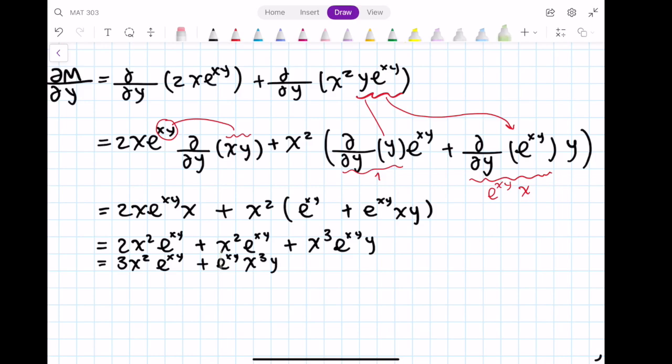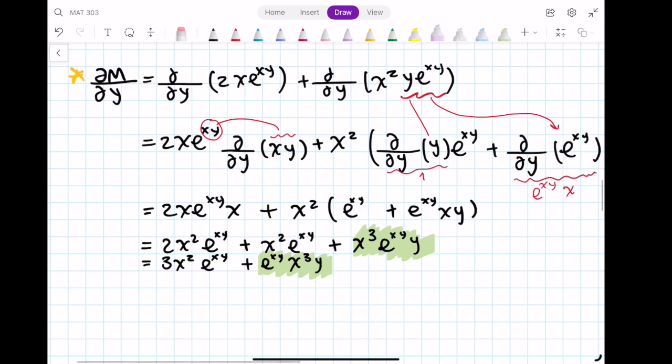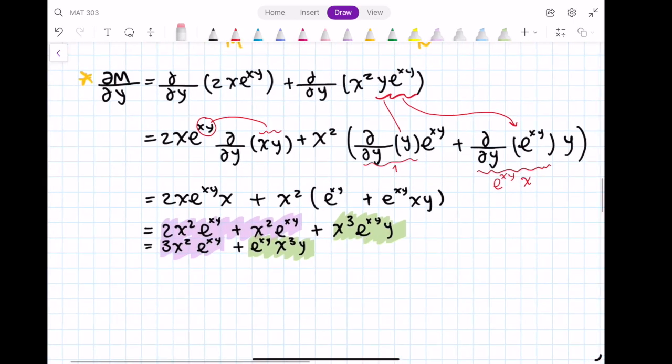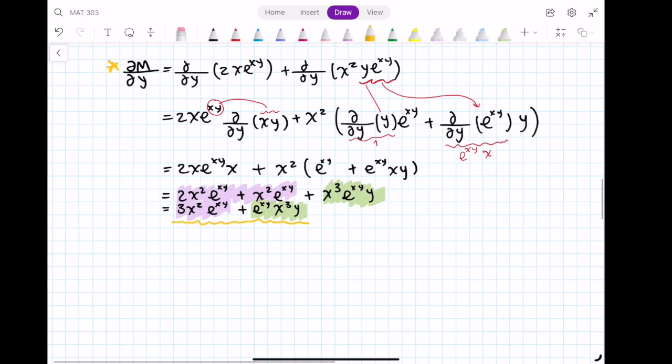Just to let you know that this comes from this part, right? And this comes from this part. So this will be our partial with respect of y.